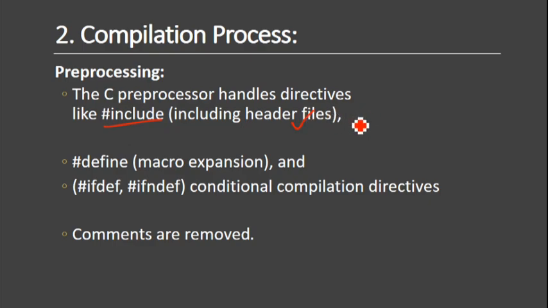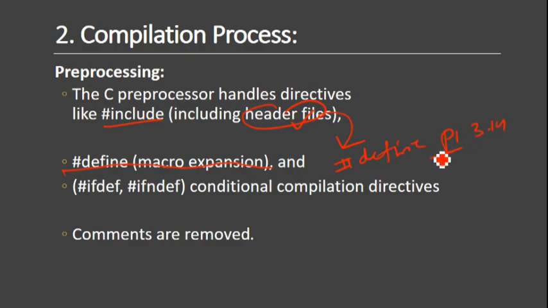Whatever is defined in the header files will be expanded into the source code which you are writing. Then define macro expansion. Macro expansion means I am writing #define PI 3.14.